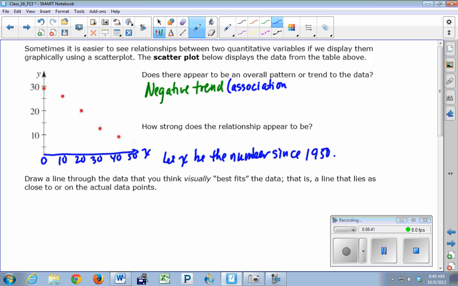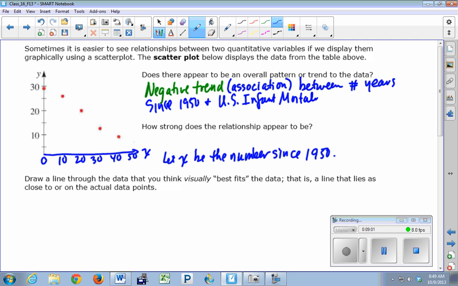There's a negative trend or a negative association between your two variables, between the number of years since 1950 and the U.S. infant mortality rate. Yep, there's a negative trend. That's just another way to say what Jonah said, which is some different language.